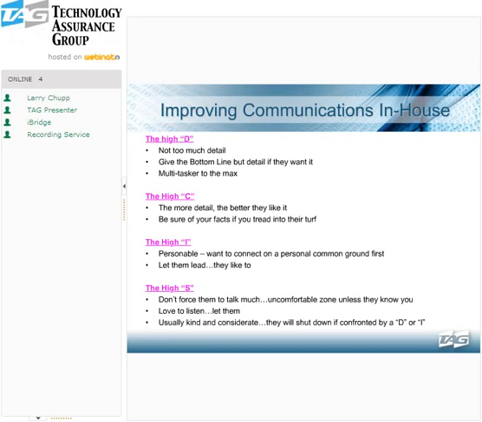The high I is very personable. They want to connect with people on a personal, common ground first. They don't want to just jump right into business. And let them lead, because they're pretty good leaders, and they like to do it.